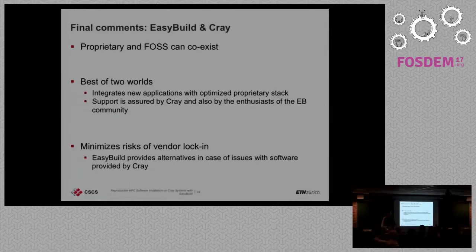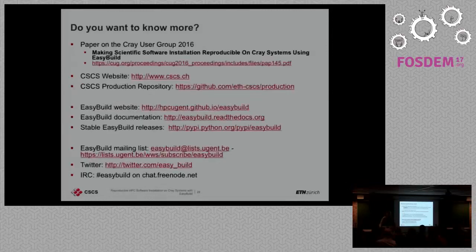In this case, we had the best of two worlds, because we have an optimized software stack, and we also had support from the community and from the vendor, and it also minimizes the risk of vendor lock-in, meaning that we have an alternative. There was a case when we had a problem with the software shipped by the vendor, and we managed to rebuild everything with open source, and then we actually didn't need their software stack anymore in that case. So it's the best of two worlds, as I said.